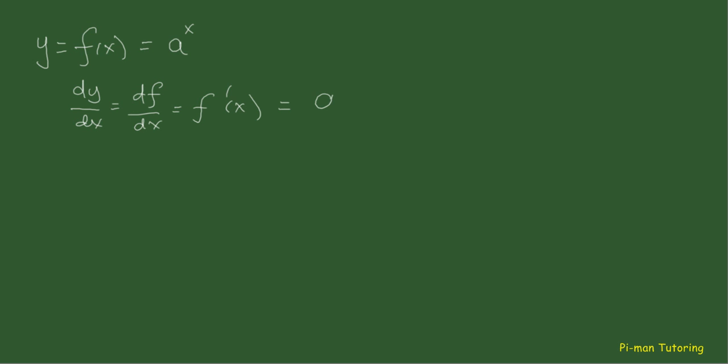So where have we arrived at? We have said that if y or f of x is equal to some base to the power of x, then dy by dx, which is also called df by dx, which is also called f dashed of x, is going to be equal to the original function a to the x multiplied by the natural log of a.